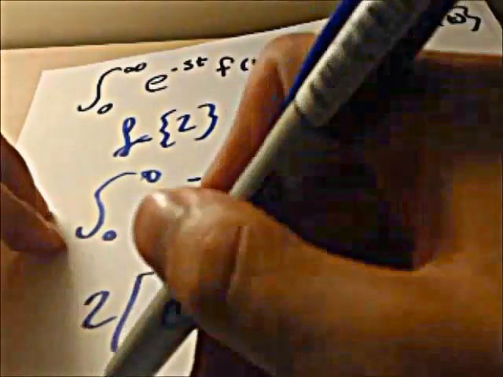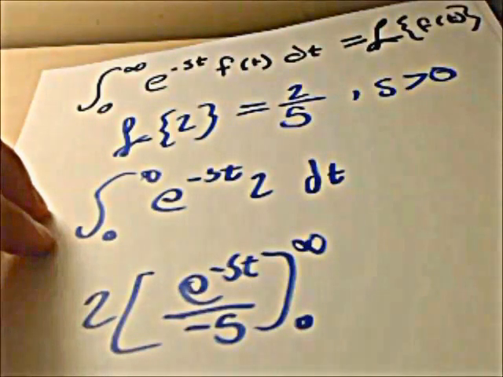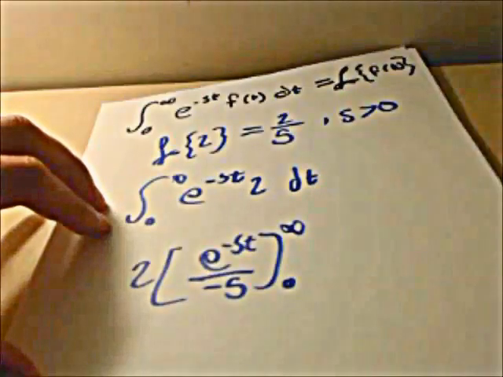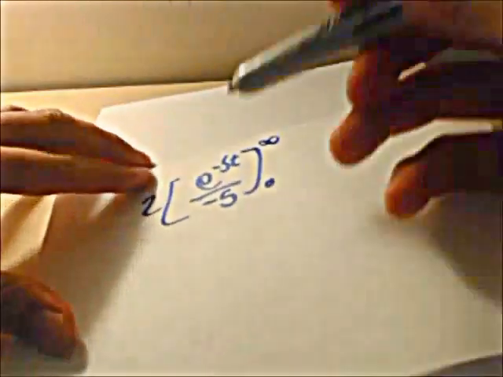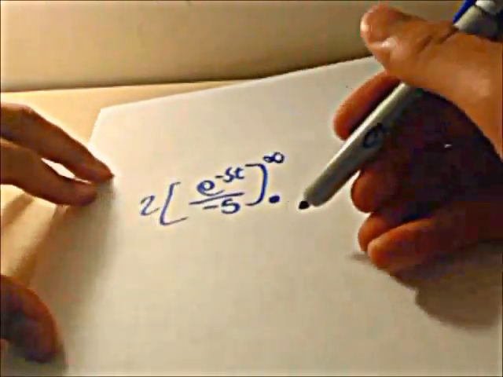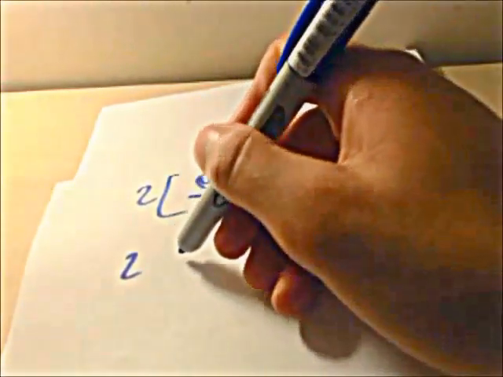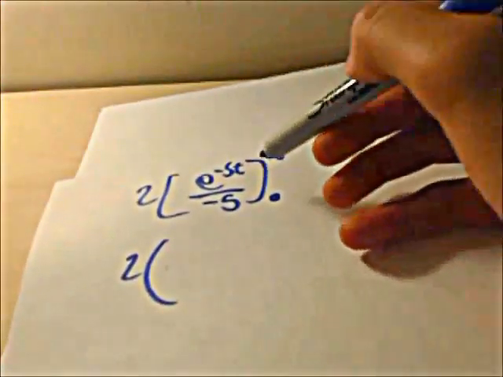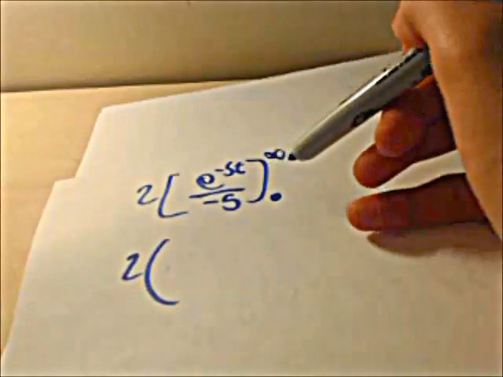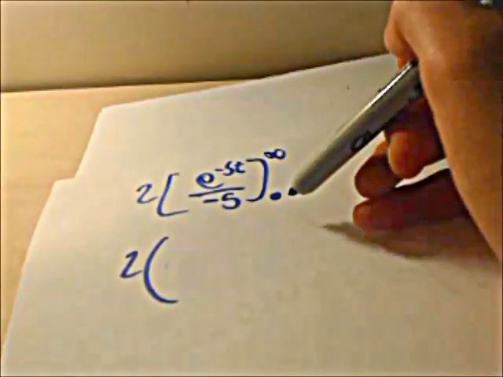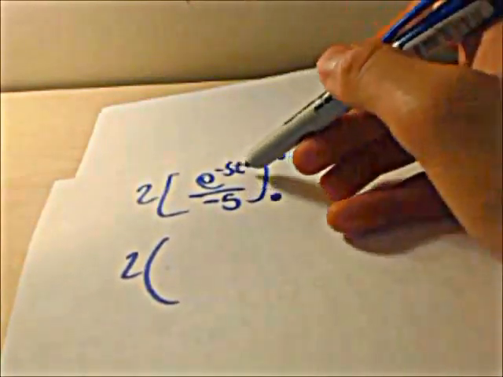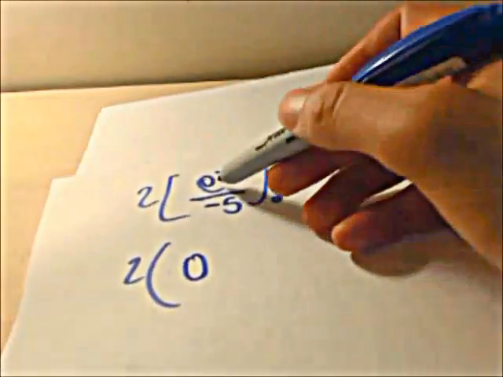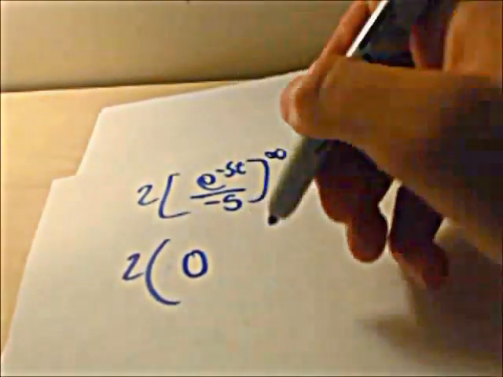So yeah, if we solve this definite integral, we substitute t with infinity and we get 0 at this part, because any exponential to the power minus infinity is just 0.